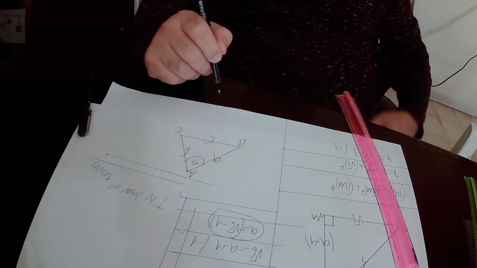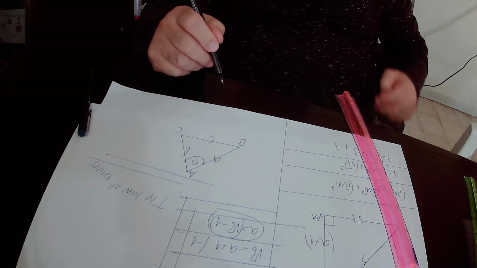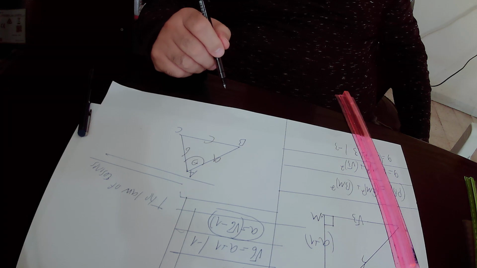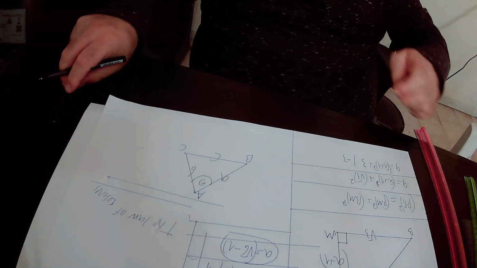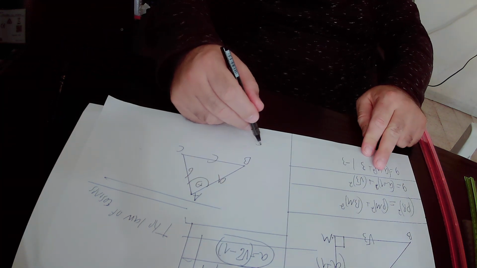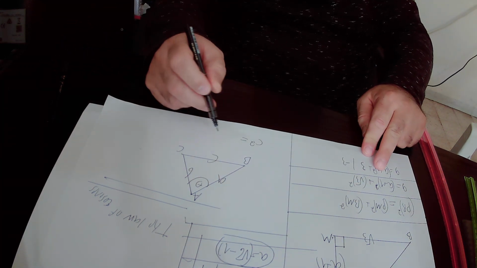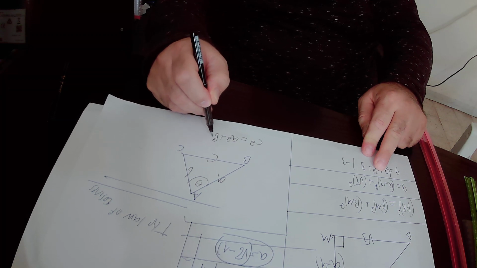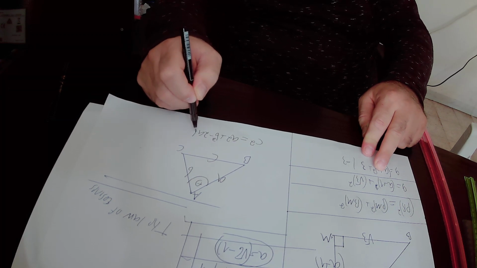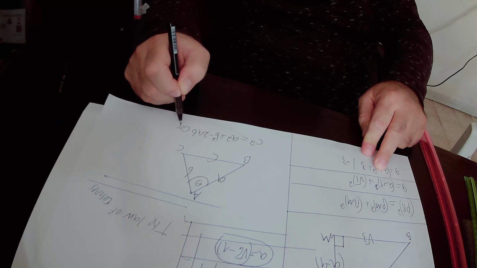And according to the law of cosines, we get that C squared equals A squared plus B squared minus 2 times A times B times cosine theta.